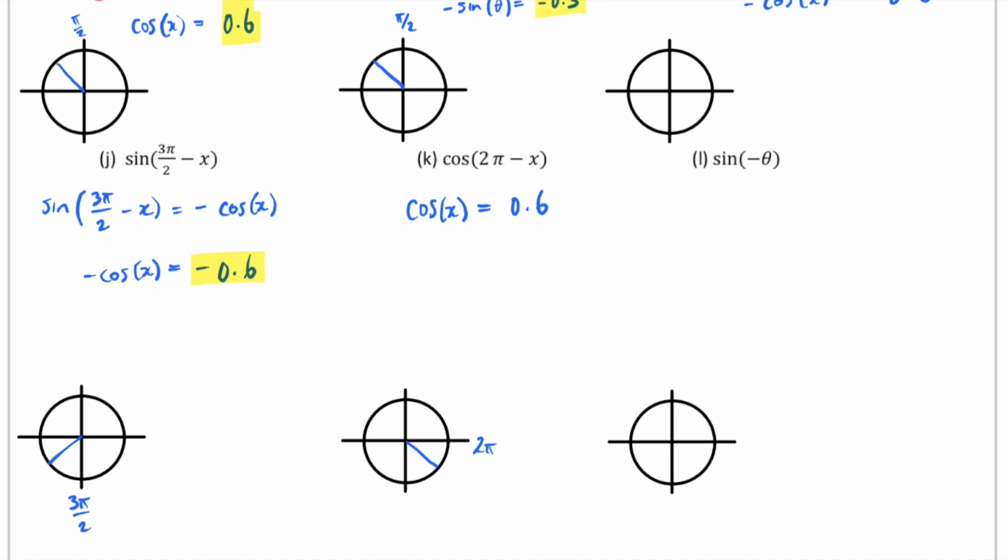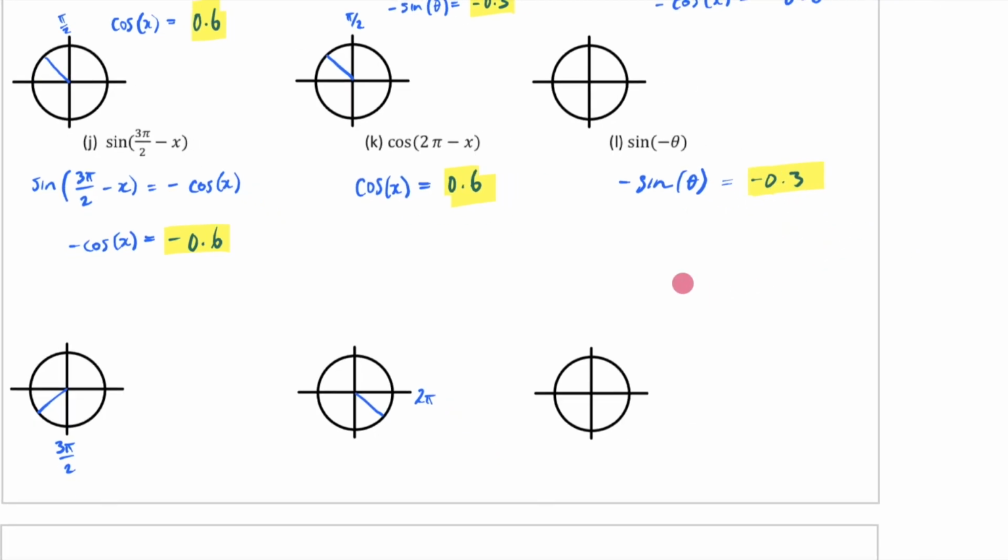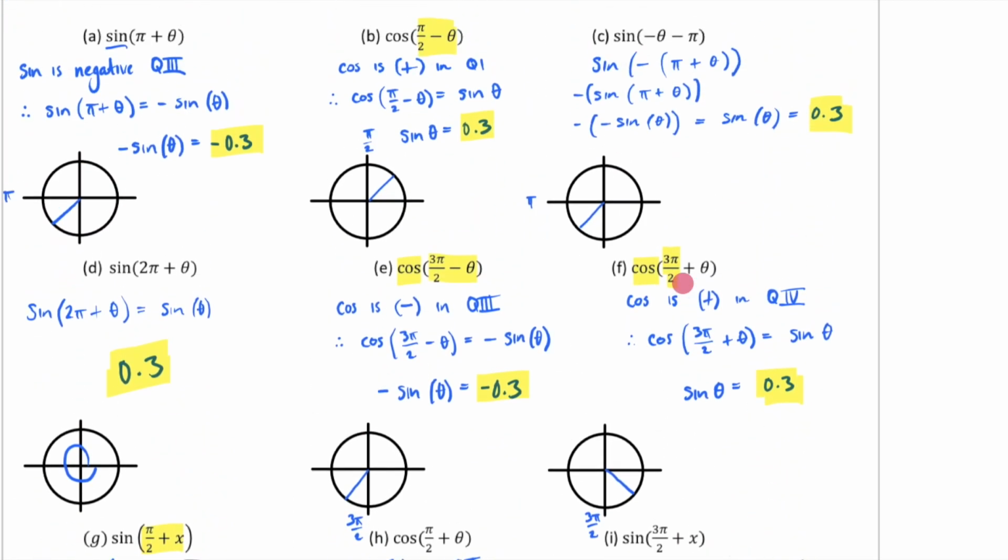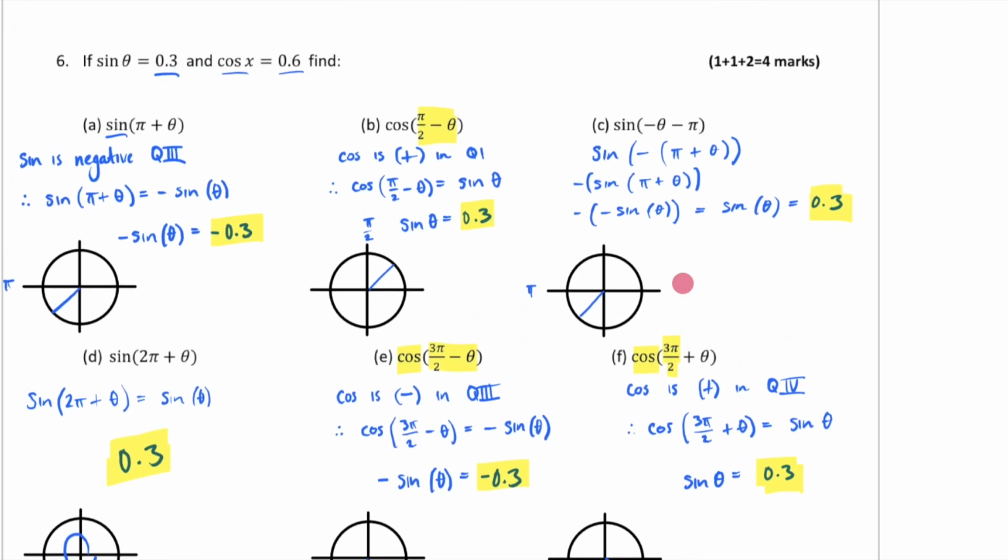And just like that, we have got the answer of 0.6. Let's now finish this off by coming here. We know that that is the same as putting the sine over there. And I know that that is going to be equal to negative 0.3. So there are all your answers to these questions. Hopefully this has been helpful to you in getting all these answers. This is a really important skill that you should all master.